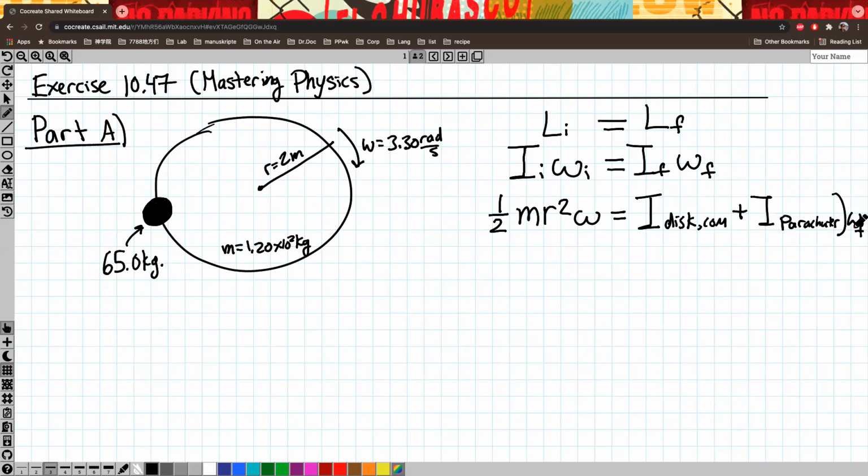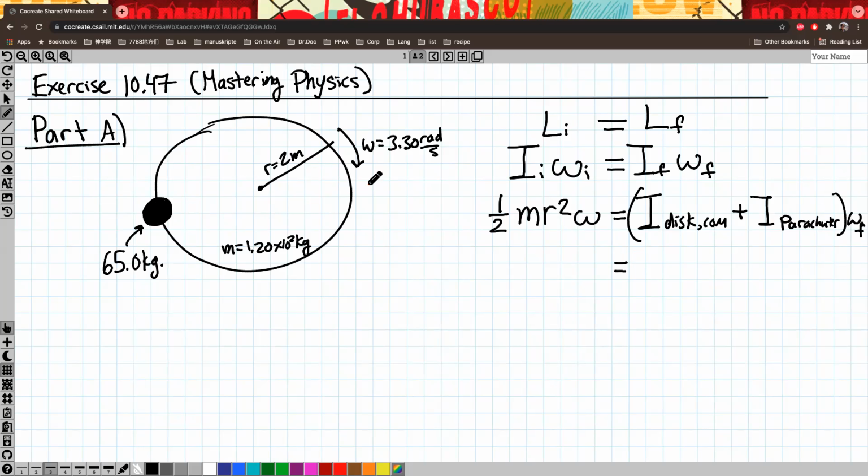I know it's a weird thing to say, but I was thinking that the parachutist lands on the disc. The parachuter does land on the disc, but it's just like when we did the fan blade. The fan blade is spinning around, and there's some insect that lands on it.